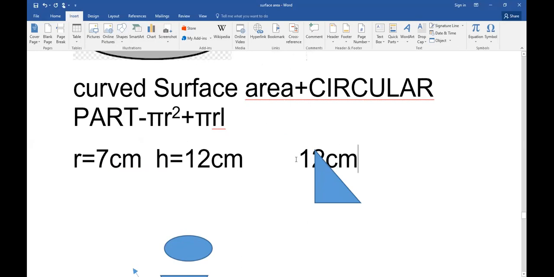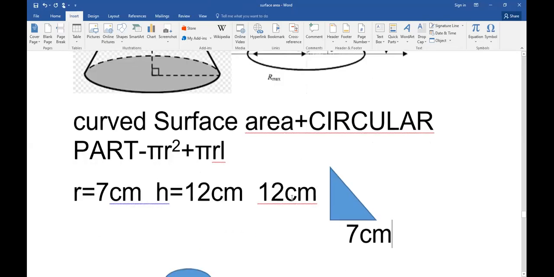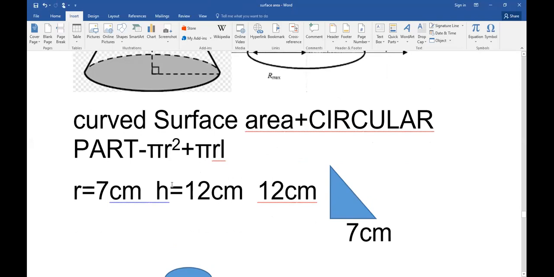Let me make it smaller. Okay. Then we come here below, and we have the radius as 7 centimeters. So if the radius is 7 centimeters, it means you can find the area of the circular part.